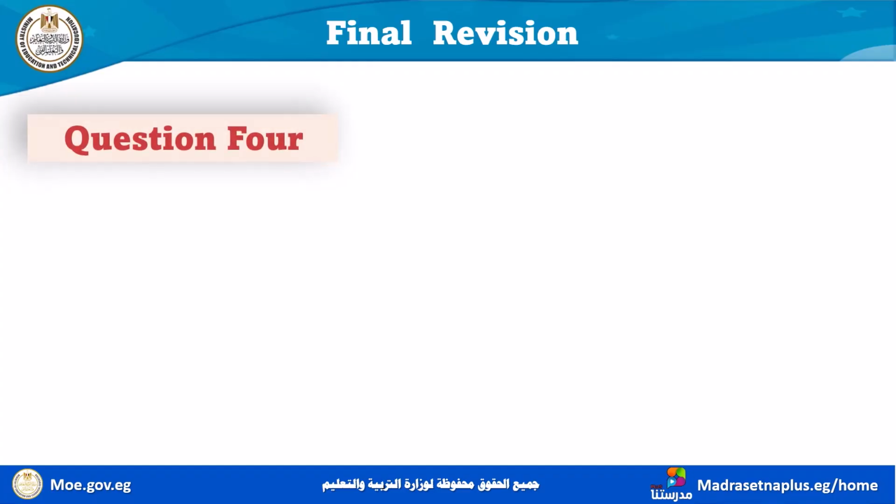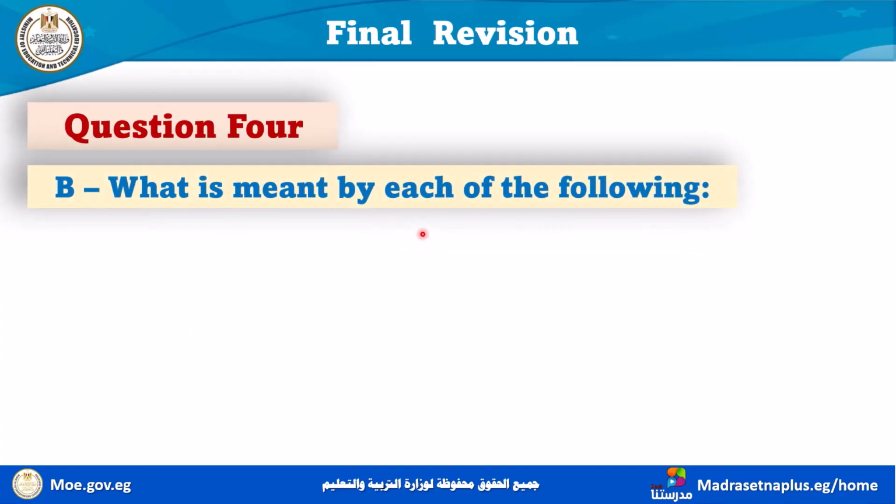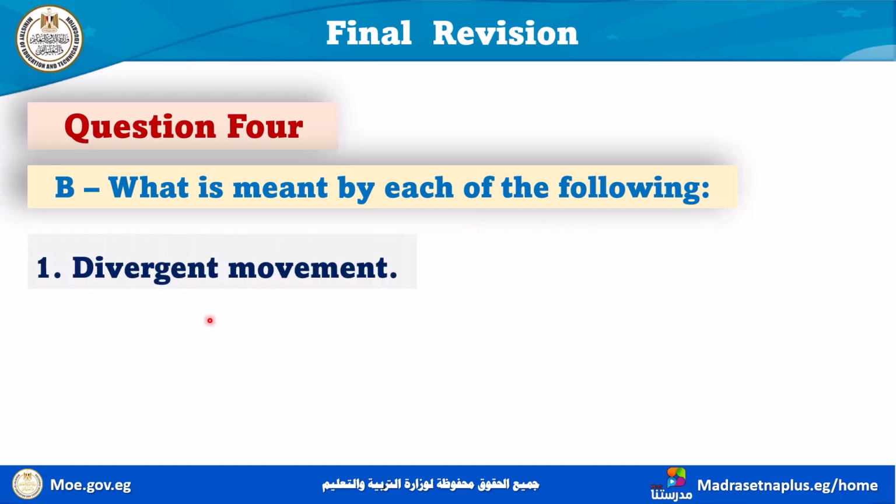Question 4 and the second part of it, what is meant by each of the following? The first question is asking about the divergent movement. What is meant by the divergent movement?